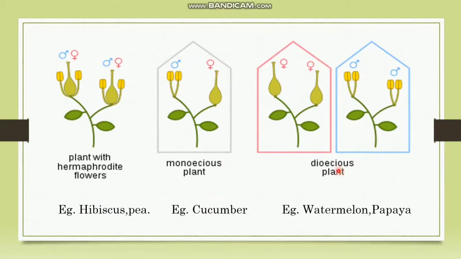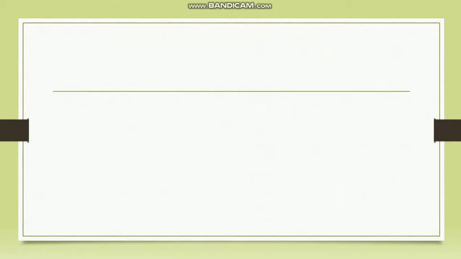Whereas in dioecious plants, both autogamy and geitonogamy are not possible, so the only option is cross-pollination. In this way, when a plant produces unisexual flowers, autogamy is prevented and cross-pollination is encouraged.